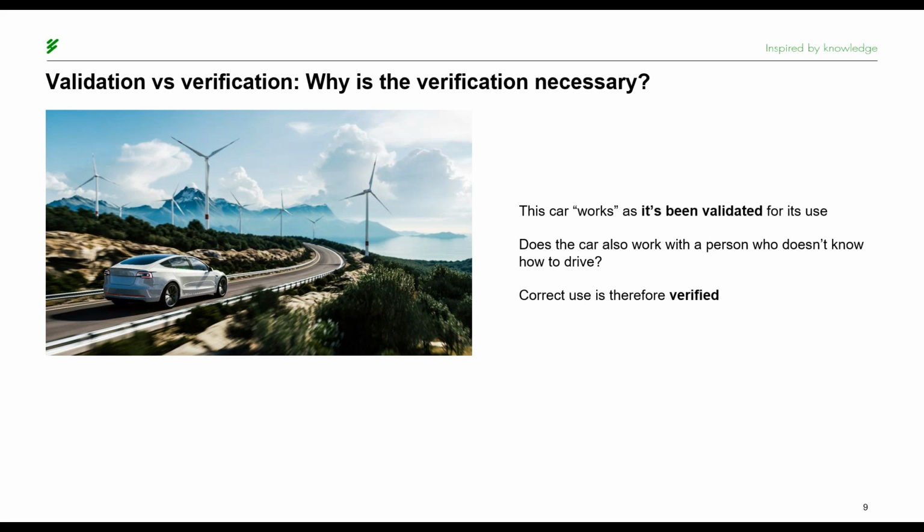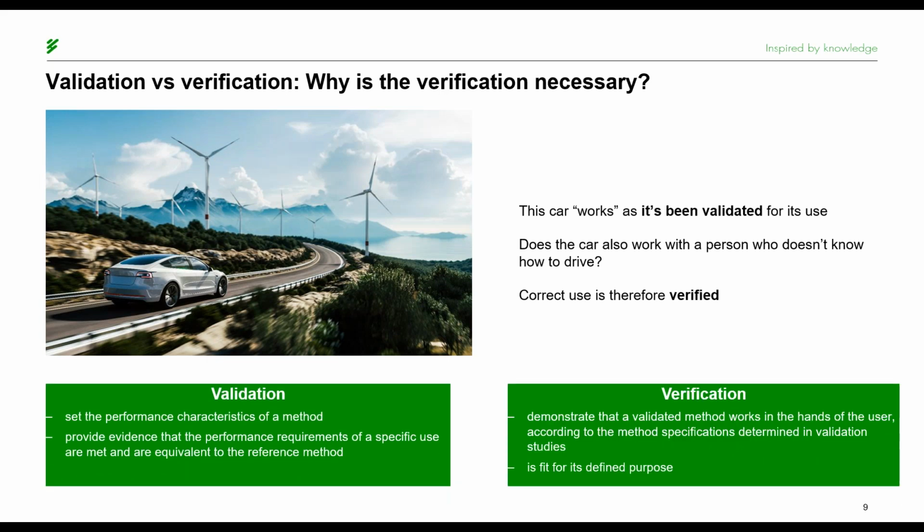In other words, the validation establishes the performance characteristics of a method and objectively demonstrates that it meets the performance requirements for a specific intended use. And on the other hand, the verification demonstrates that a validated method, implemented by a laboratory in our case, has a performance according to the specifications determined in the validation, and that it is suitable for its intended use.